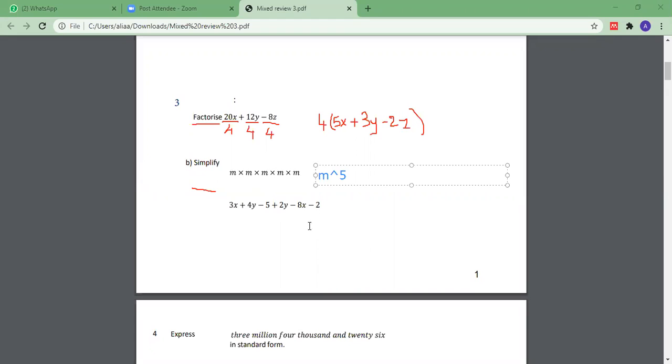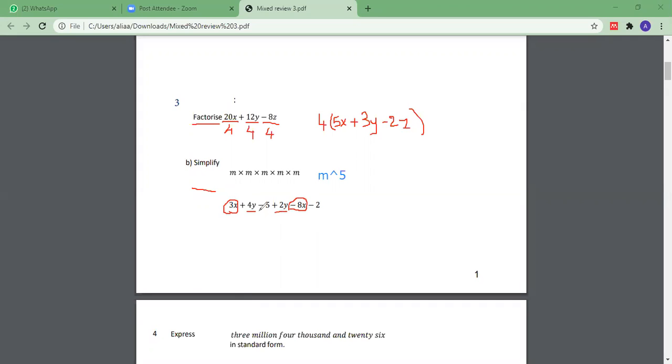Okay, simplify. This is collecting like terms. Let's see where are the like terms. First of all, I circle 3x. Is there anything like 3x? Yes, I have negative 8x. Okay, 4y. Do I have any like terms for y? Yes, I have 2y plus 2y.